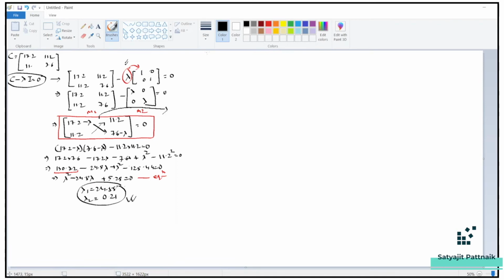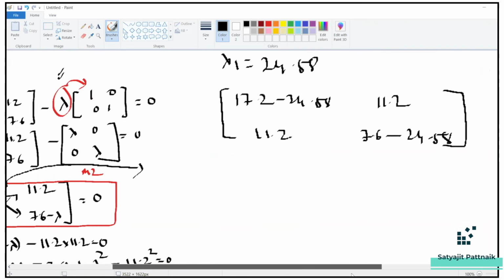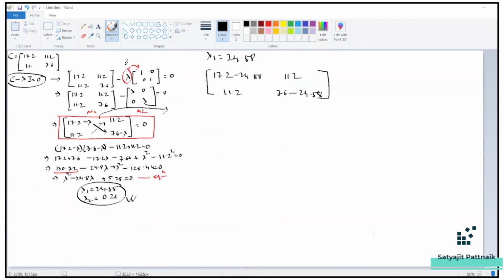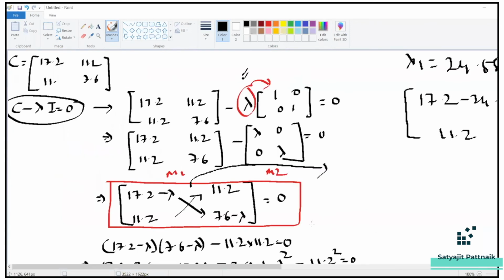I'm just considering lambda 1, 24.58. So the matrix will be [17.2 minus 24.58, 11.2; 11.2, 7.6 minus 24.58]. Okay, clear? Let me just maximize it.